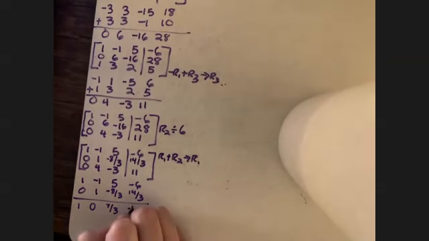And that's going to give me 1, 0, 7 thirds. Okay. And then, excuse me, -4 thirds. Okay.